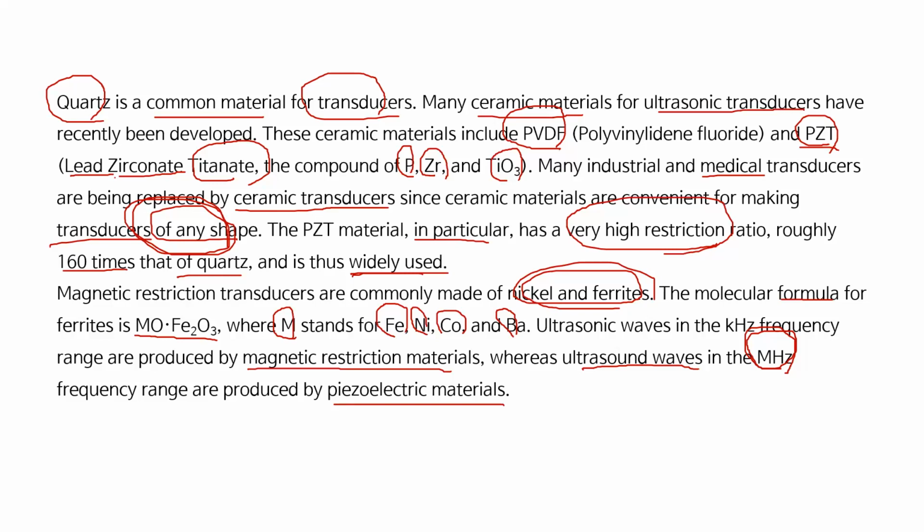So the frequency ranges are different. For the magnetostrictive material, the range of the ultrasonic wave is kilohertz. On the other hand, if we use piezoelectric materials, we can produce ultrasound waves in the frequency range of 1 megahertz.